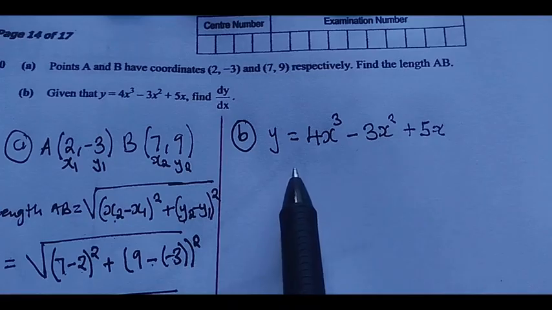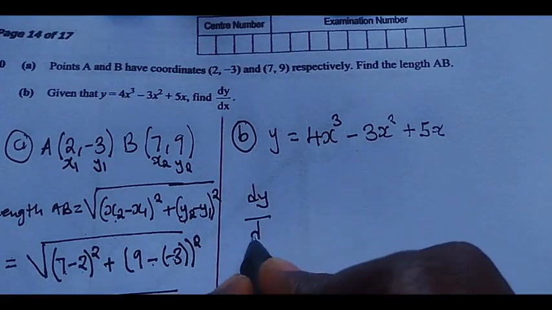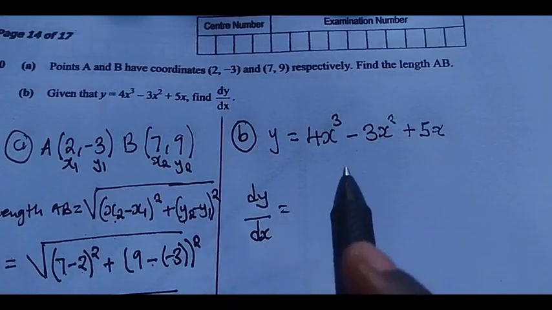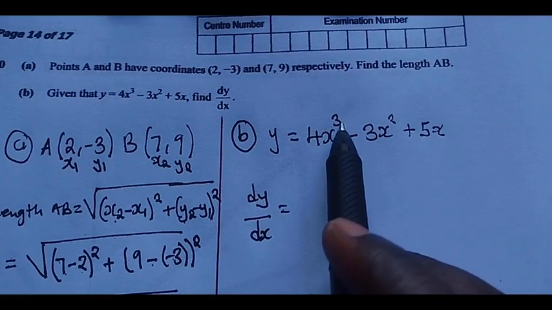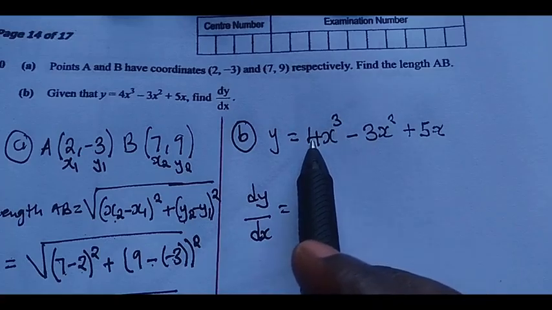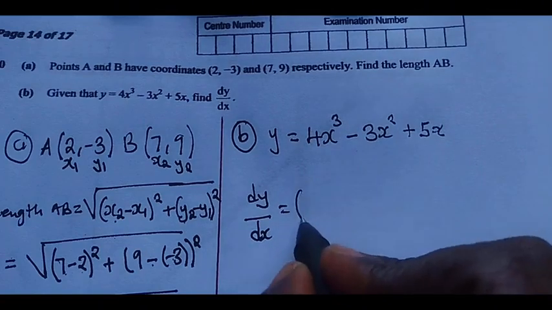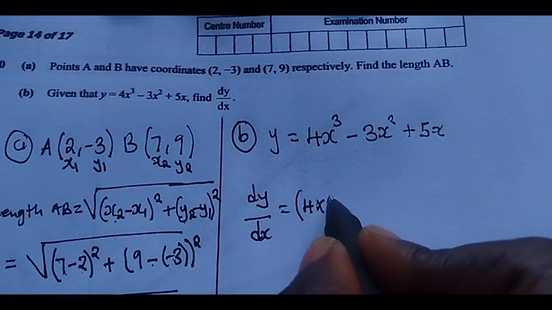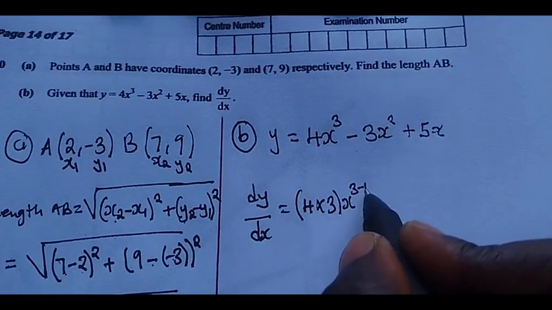So here we say dy/dx equal to, so to differentiate this function, you can see that it's 4x cubed. So this x is raised to the power of 3. So one of the rules of differentiating is that this power has to be multiplied with the coefficient of x, which is a 4. Then the power will be reduced by 1 as well. So we are going to write something like this: 4 times 3 in brackets, then x to the power 3 minus 1.